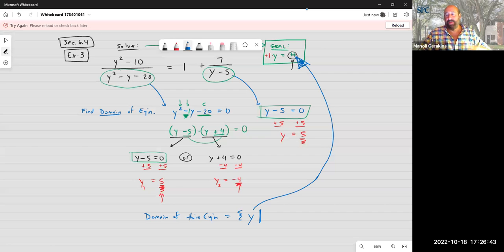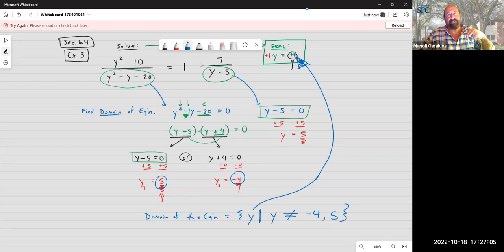This number can be any real number, as long as you never let y equal -4 or 5. Both of these are problem numbers for this equation, in one denominator or the other, and the 5 is bad for both denominators.